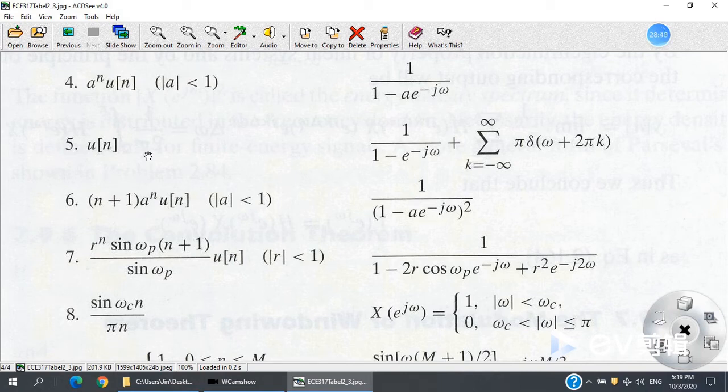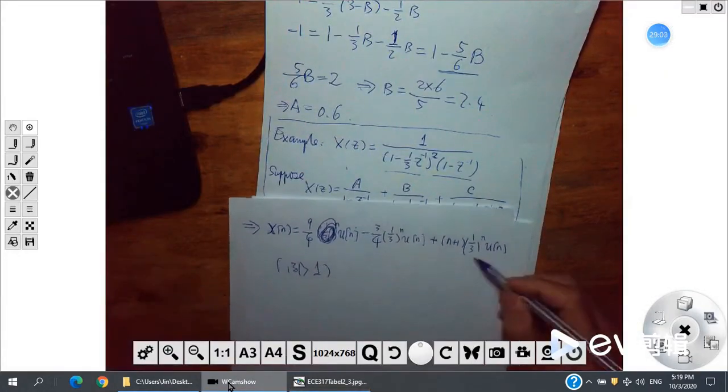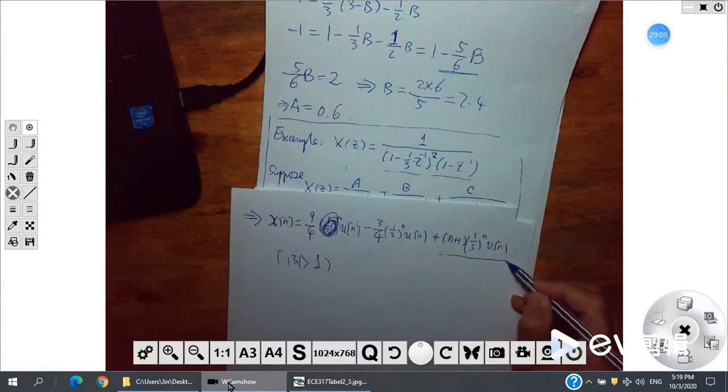What is a right now? a is 1/3. It's 1 over 1 minus a z negative 1, squared. And here it's n plus 1 times 1/3 to the n. Just this one. This is for the ROC like this.